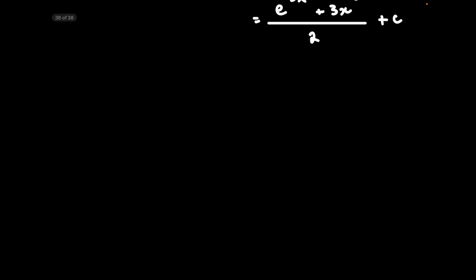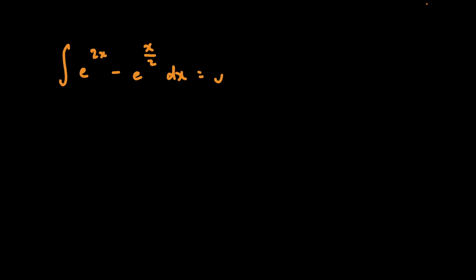Let's keep going. The next question that we're going to be doing is the integral of e to the power of 2x minus e to the power of x on 2. Again, just for simplicity's sake, I'm just going to separate this integral.